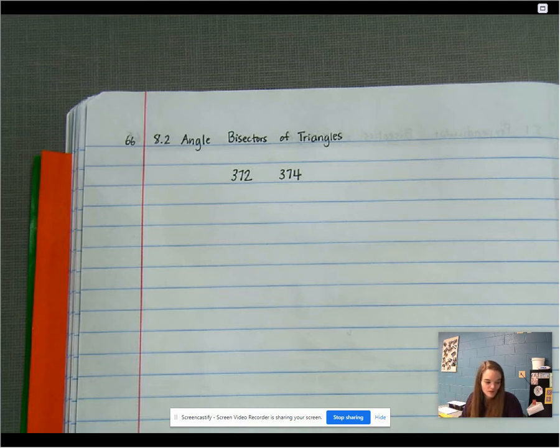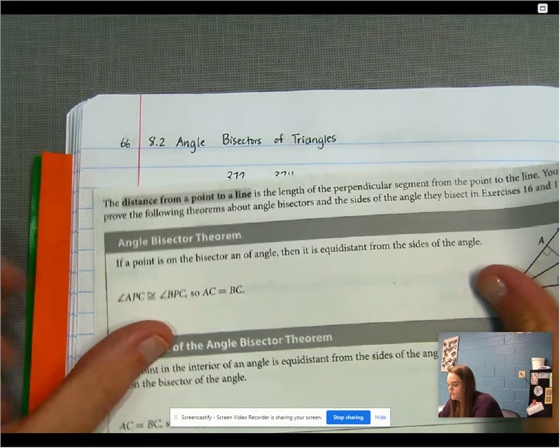Okay, from 372, we need most of the page actually. From 372, you need this.